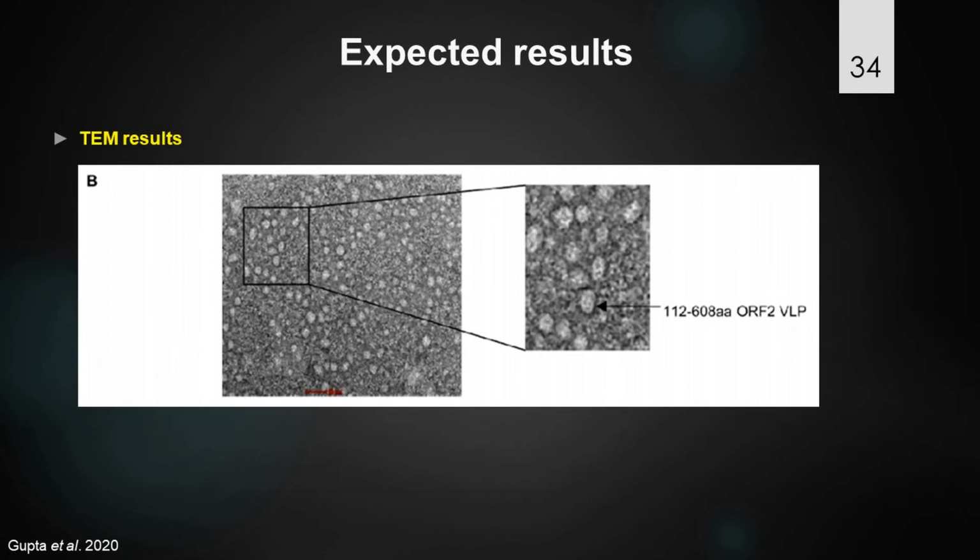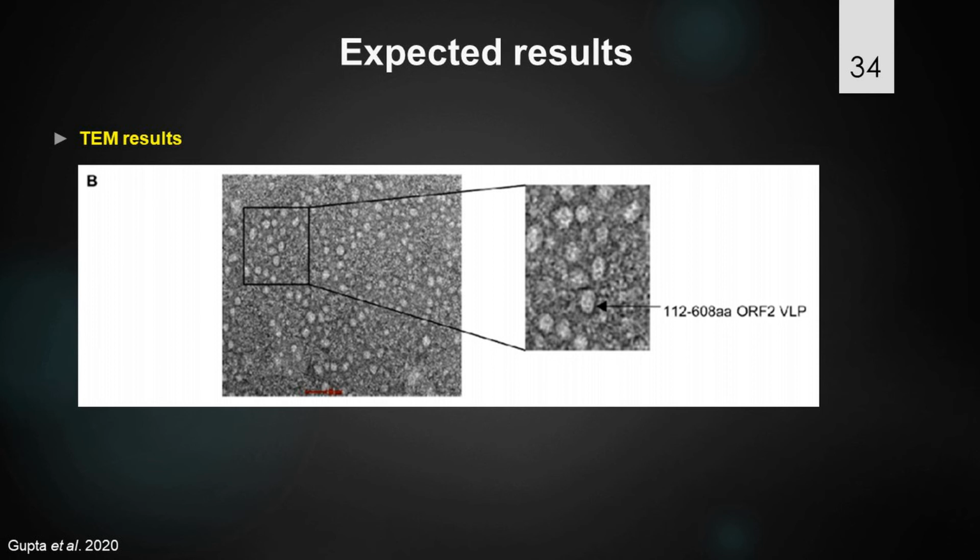This figure shows the expected transmission electron microscopy results following protein purification of the ORF2 112 to 608 amino acid protein. The protein was found to form VLP structures, as you can see, which could be observed using transmission electron microscopy.